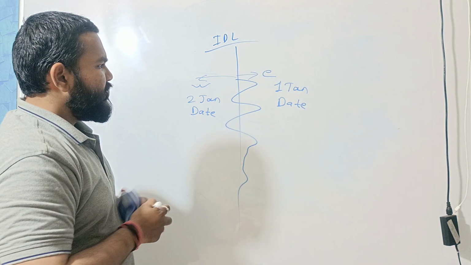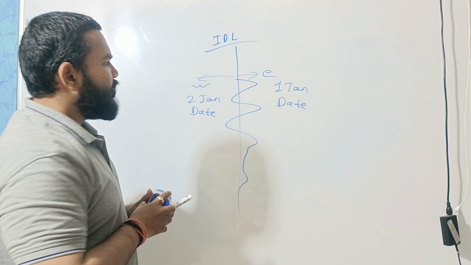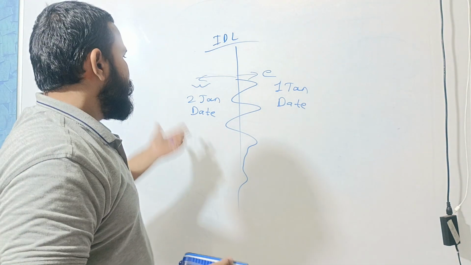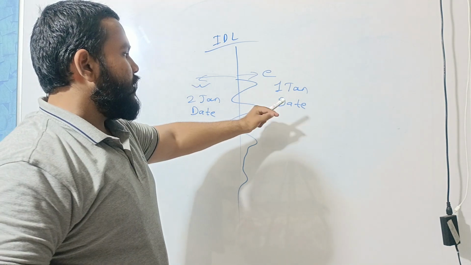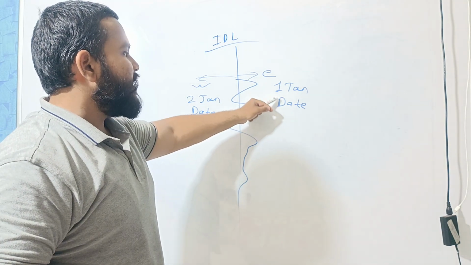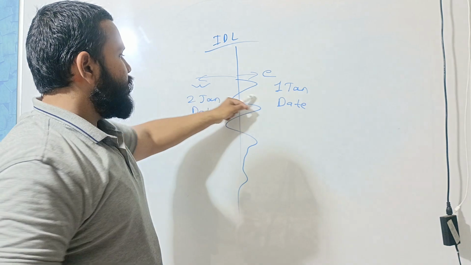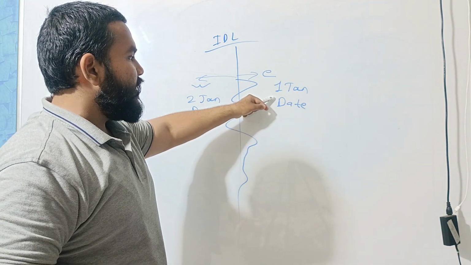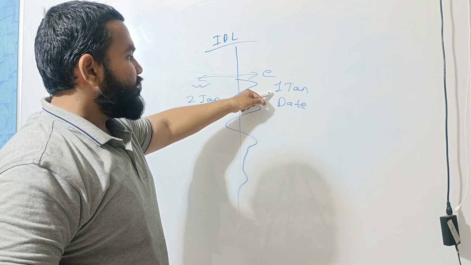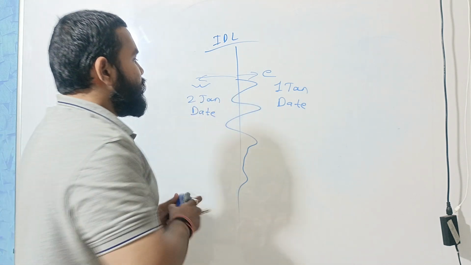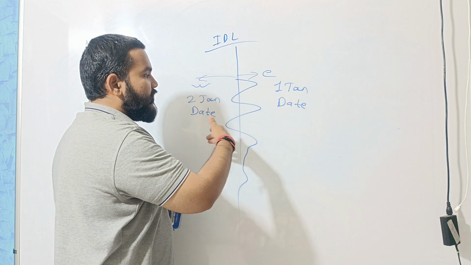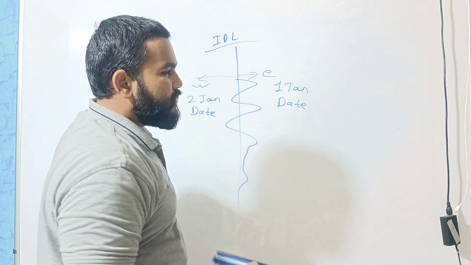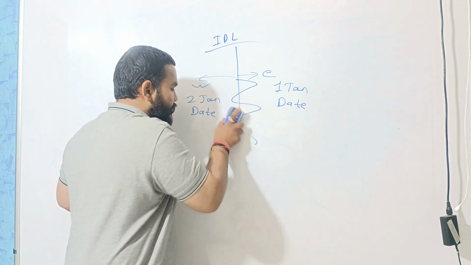That's a simple concept. You have to just remember it, or remember it by conceptualization. If I go from 1 Jan to 2 Jan by flight, I'm gaining a day here and losing a day there. That's very common sense.